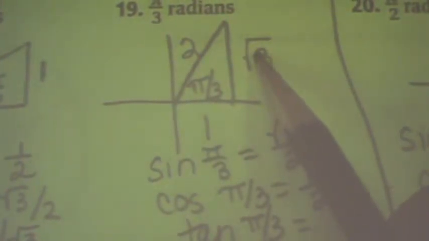Next one. We have pi over 3. That's a 60 degree in quadrant 1. So you've got to know 60, so the side opposite is root 3, 1 and 2. So the sine of pi over 3 is root 3 over 2. Cosine is 1/2, tangent root 3 over 1. Next one, pi over 2. Here's pi over 2.